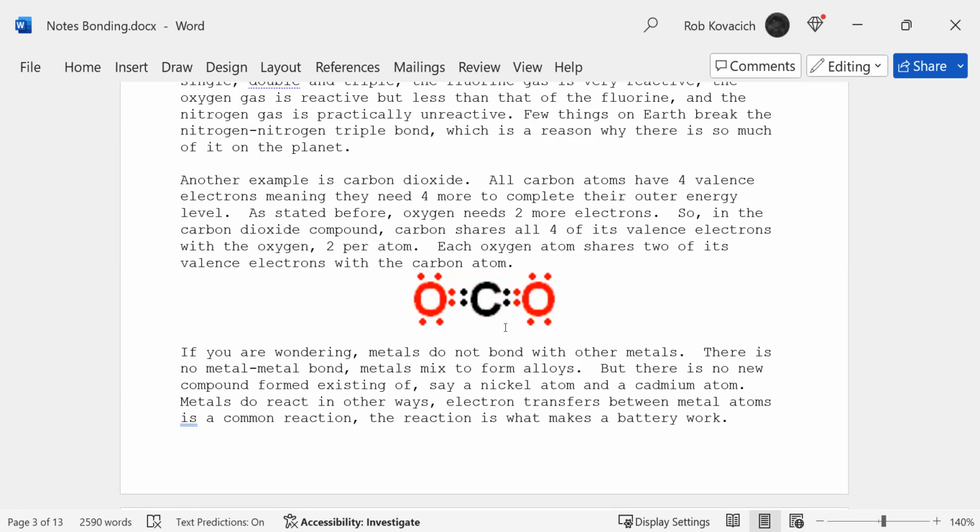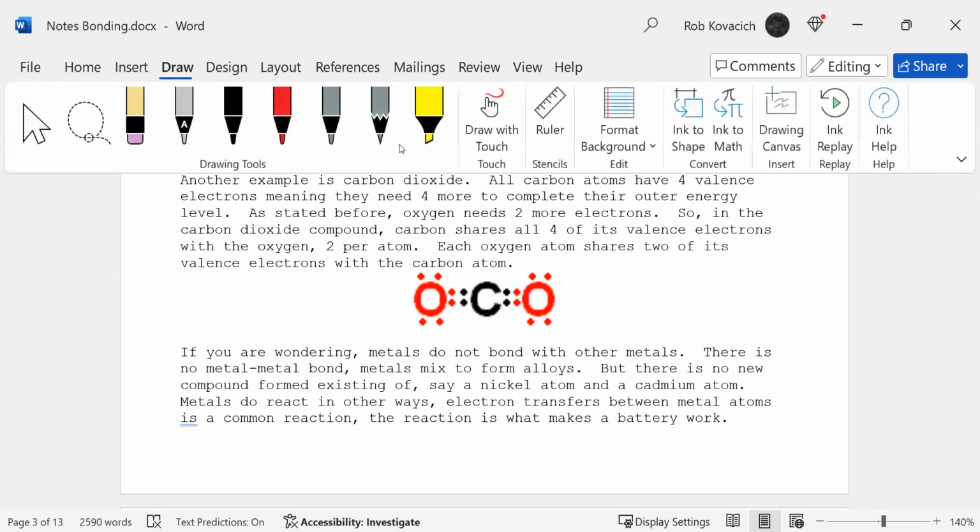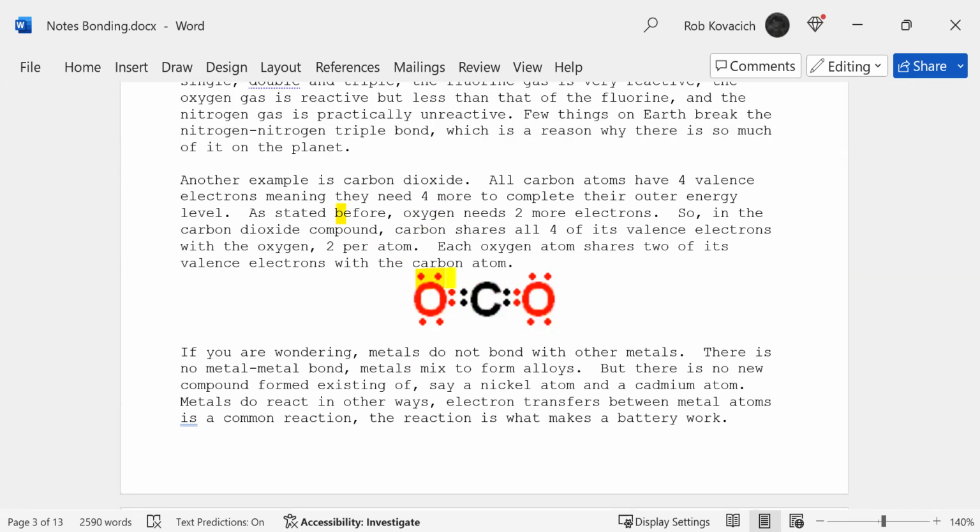And so you can cover up the oxygen or this carbon and oxygen, and what you see is, let me grab a highlighter if I can here. All right, so this oxygen is seeing 8 electrons. Great. So that's why that oxygen is satisfied.